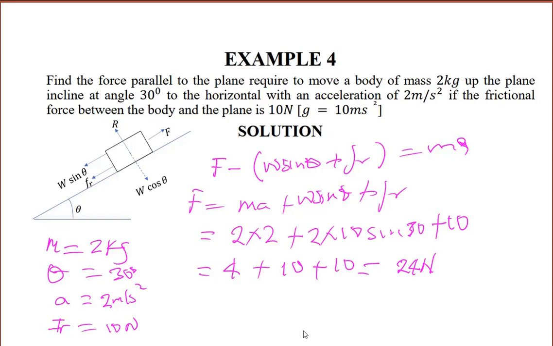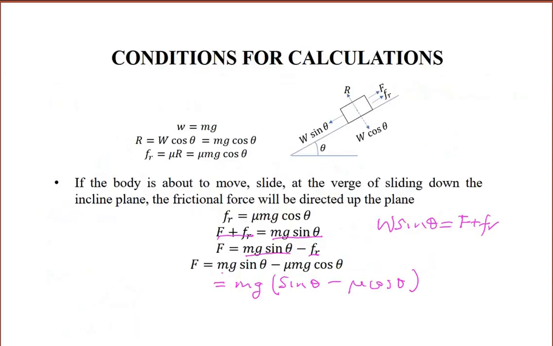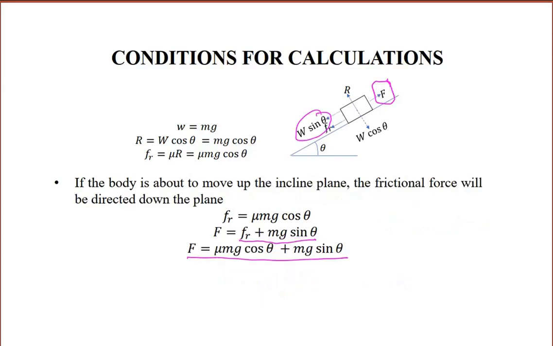So we can see that when a body is placed on an inclined plane and a force is applied to it, we have 4 conditions. Let's go through those conditions as a summary. The first condition is if the body is about to slide, at the verge of sliding down the plane. The second condition is if the body is about to move up the inclined plane, not actually moving, but about to move up.